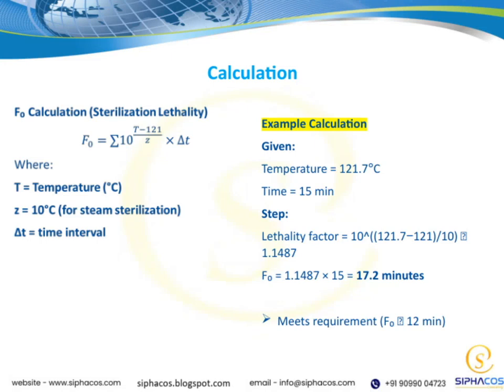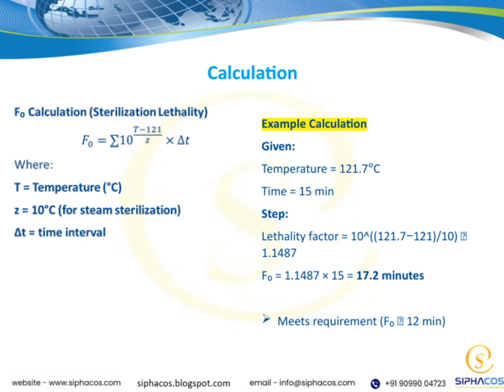All right, let's walk through this example calculation. We start with a temperature of 121.7 degrees Celsius and a process time of 15 minutes. The key here is to determine the lethality factor, which tells us how effective our process is at inactivating microorganisms. So we calculate the lethality factor using this formula: 10 raised to the power of (121.7 minus 121) divided by 10.